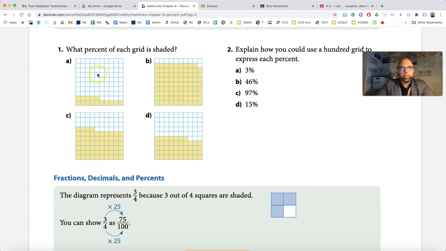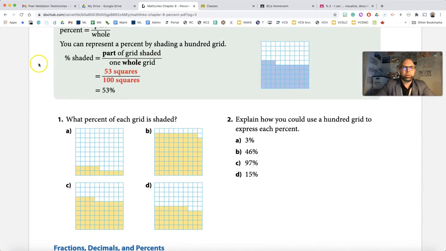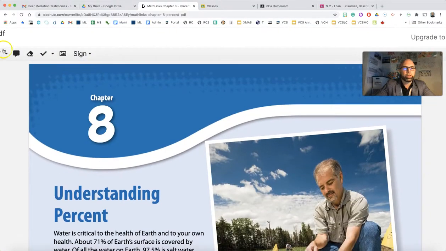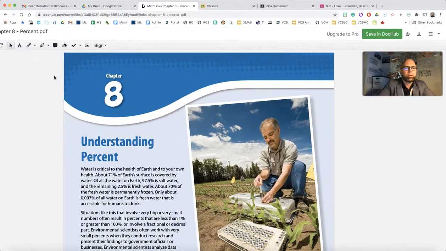First of all, though, try to estimate the percents of each grid. Now, you can count all of the little squares. I realize you can do that, and maybe it's hard not to. But let's try to just estimate. I want a pencil tool, so I'm going to go up here and zoom out and get my freehand.